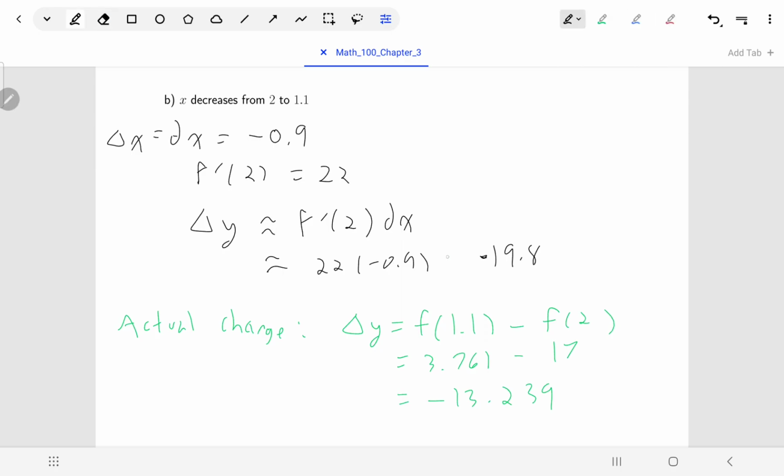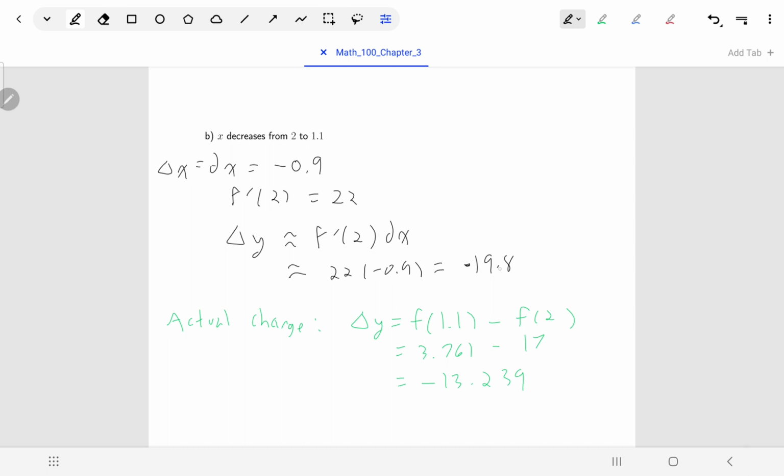So they're both correct and showing that there's a decrease in the y values, that as our x values decrease from 2 to 1.1, we estimated that our y values would go down by almost 20, but actually, in reality, our y values only go down by about 13 and a little bit.